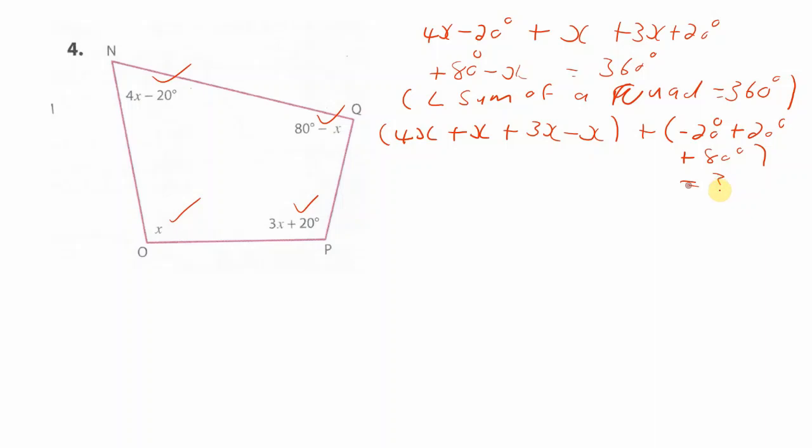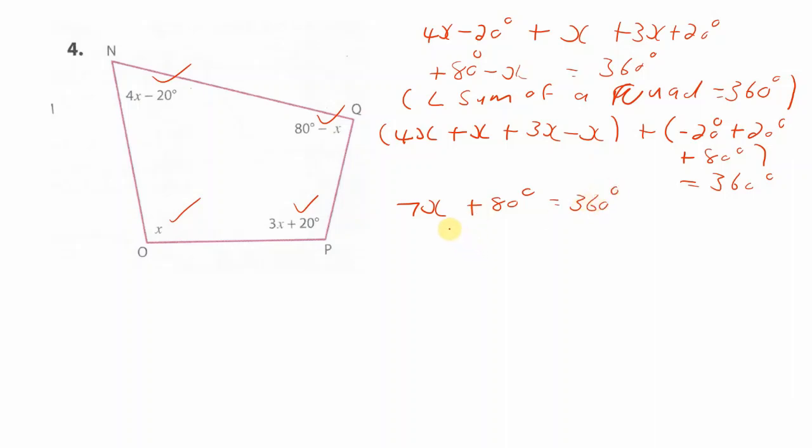And this is still equal to 360 degrees. So now we have 4x plus another x is 5x, plus 3x is 8x, minus x is 7x. The negative 20 and the plus 20 result in 0. We have plus 80 degrees equals 360 degrees.